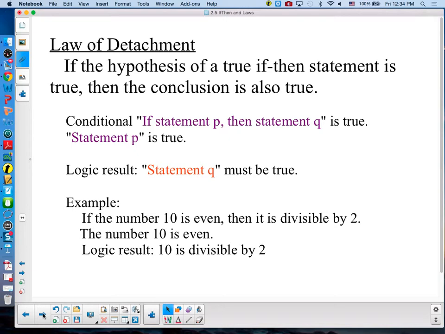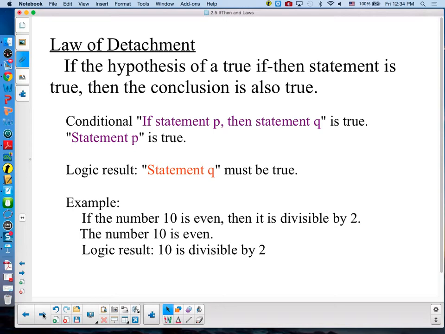Okay, for the law of detachment, there will be a conditional, an if-then statement. If P, then Q, just using variable terms. And we also need to know that the hypothesis is true. Because if the hypothesis is true, and it's in a true if-then, the conclusion has to follow as a true statement.